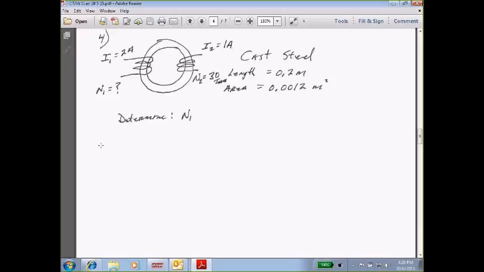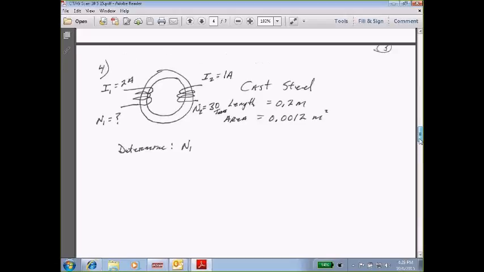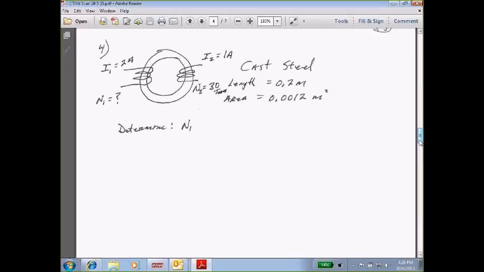Now, if you'll notice on this problem, we left off a little bit of information. You probably caught it as I first started. The flux is what I left off. The flux is 12 times 10 to the negative 4th Weber, so that should be written on the problem as a given piece of data.